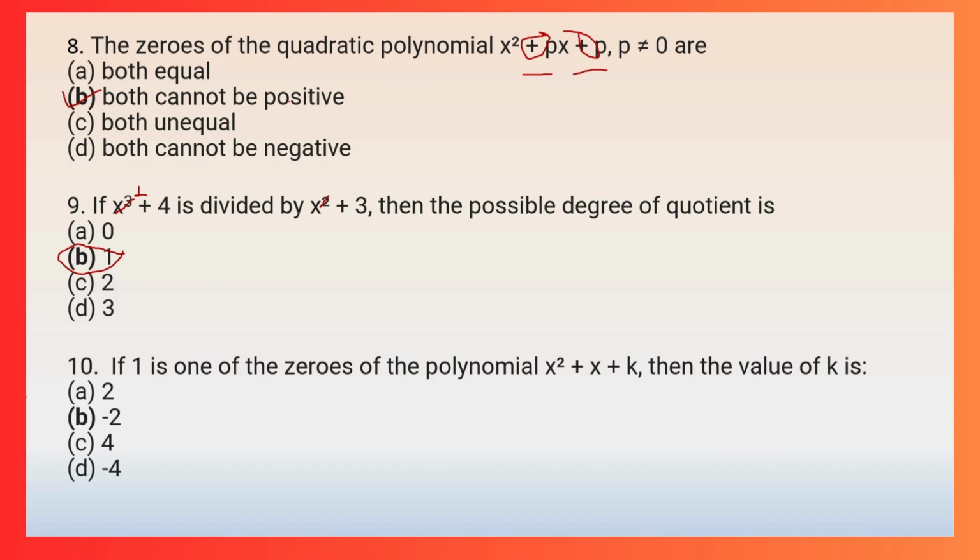If 1 is one of the zeros of the polynomial x square plus x plus k, then the value of k is. In that case, we have to find out the value of k. So if 1 is one of the zeros, obviously for that we have to take a common factor in an equation like this.